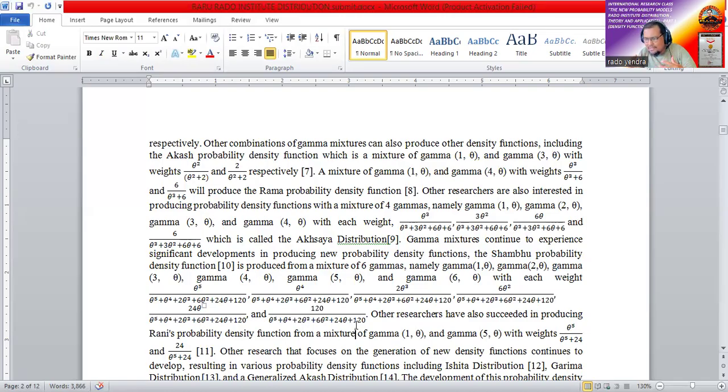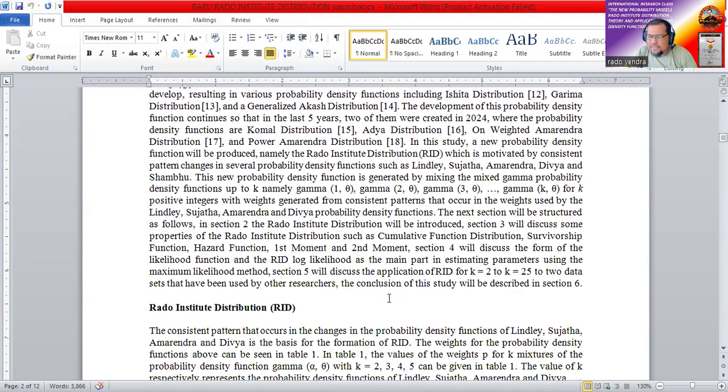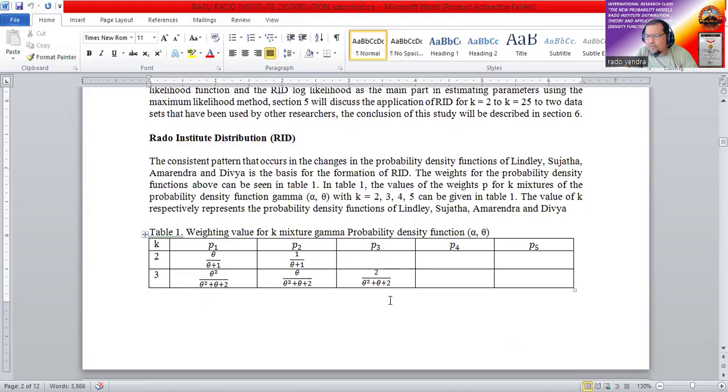It means we change the pattern of the five models, Lindley, Sujata, Amarendra, Devya and Shambhu, and try to create a new model, namely the Rado Institute distribution. For the first step, we will identify each weight, or probability.